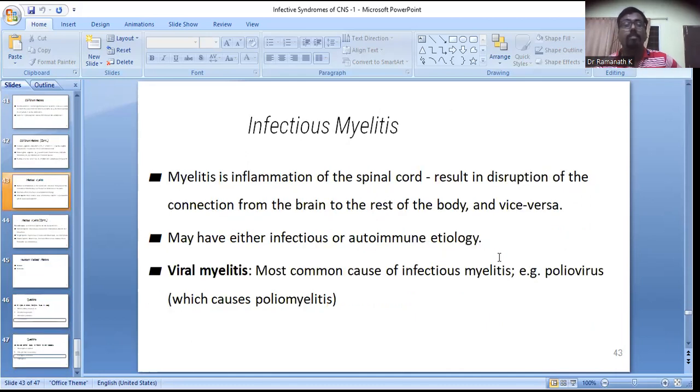The last one is myelitis, which is inflammation of the spinal cord, where the myelin sheath is inflamed and results in disruption of the connection. It is mainly produced by poliovirus, which causes poliomyelitis.